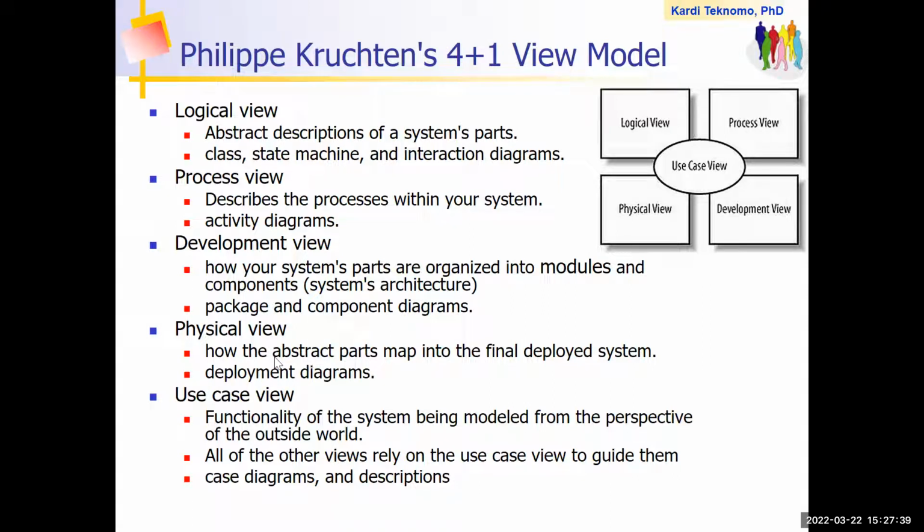And if you want to show how you will deploy this system to others, then you will have the deployment diagram and so on. At this point, I have 14 diagrams in UML.